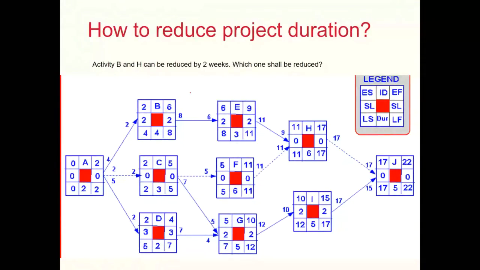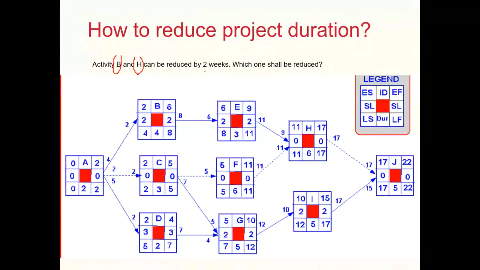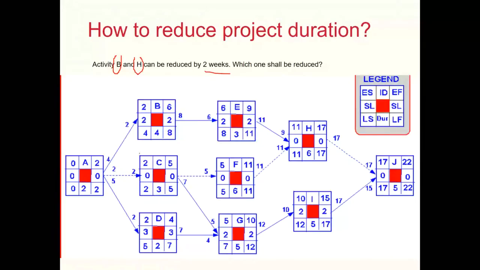Now here a question is asked: if this is the network diagram of our project and you have the ability to crash activity B and H by up to 2 weeks, which one would you choose? You either reduce activity H by 2 weeks or activity B by 2 weeks.